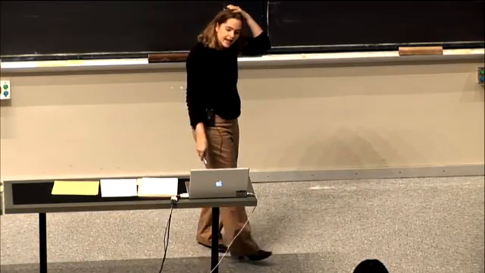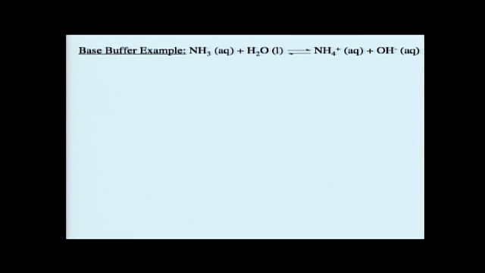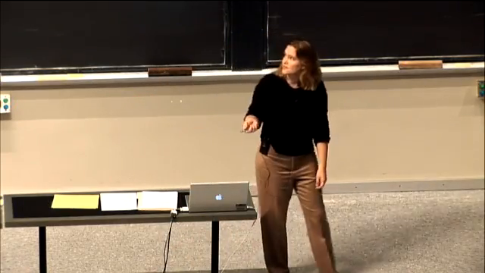So let's look at a base buffer example. The only difference here is that a basic buffer is going to buffer on the basic end of the pH range. So here's an equation. We have a base in water forming a conjugate of that weak base and hydroxide ions. So let's think about what happens if a strong acid is added.